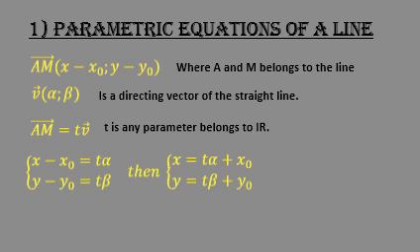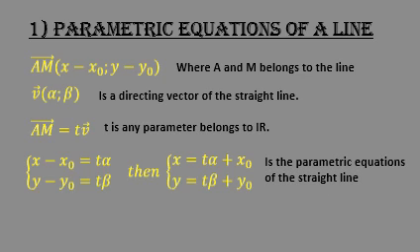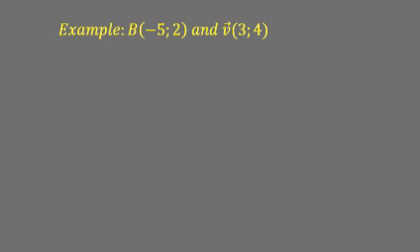Let us take a quick example. Suppose you have the point B, which is (-5, 2), and the vector v (3, 4). So v is the directing vector and B is any point that belongs to the straight line. So what we should do is to put any point M that has coordinates x and y, and create the vector BM.